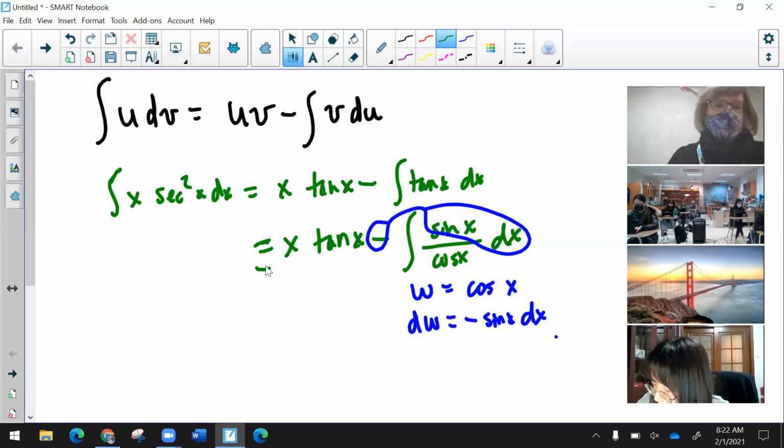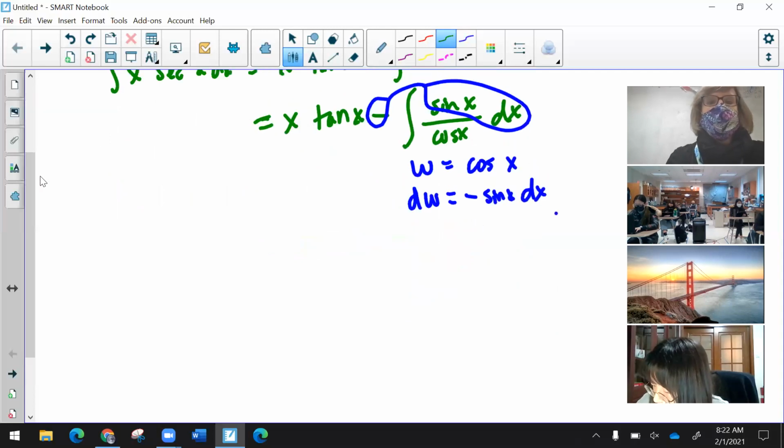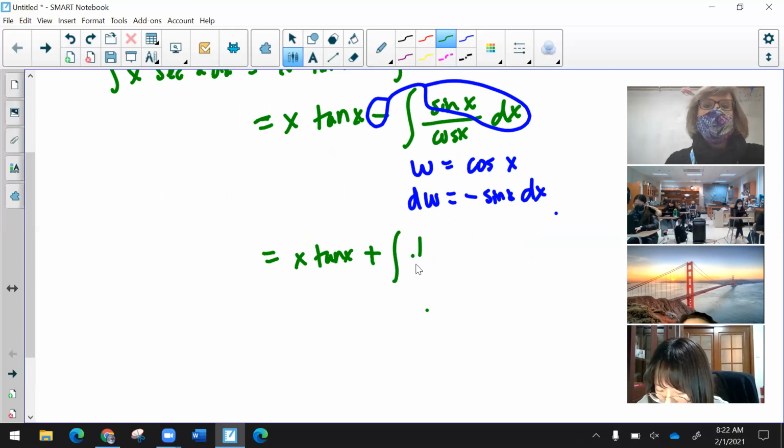So this is going to become x tan x minus, or actually plus, the integral of 1 over w dw, right?